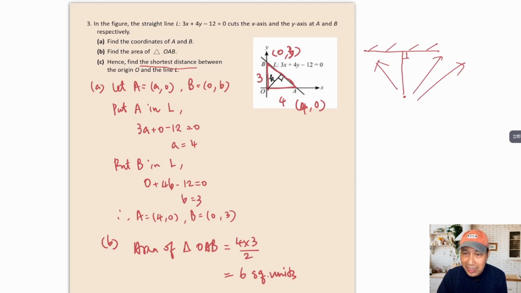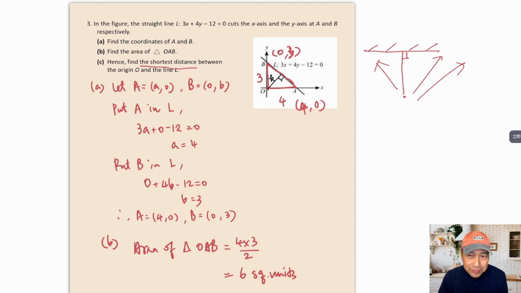We don't have any formulas for the distance, but the question has part A, part B and part C, so all the parts should have some relationship, right? In part A we know the coordinates of A and B. In part B we find the area of triangle OAB. So to find the value of K, we should use the answers from A and B, right?